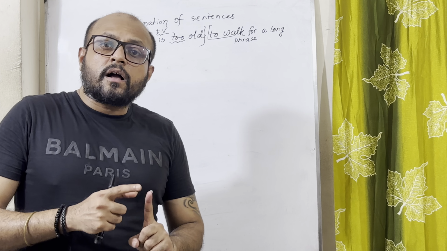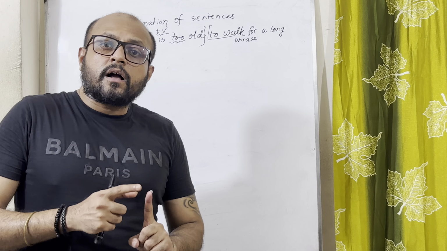Well, for a complex sentence we need a principal clause and we also need a subordinate clause, and we need to connect these two clauses with a clause marker. Well, look at the sentence here. The man is the subject and is, the to be verb, is my finite verb.